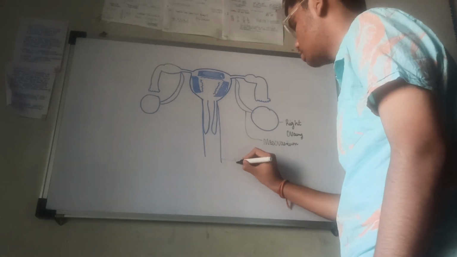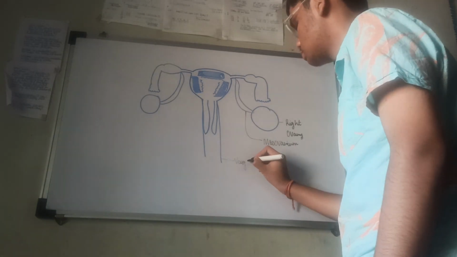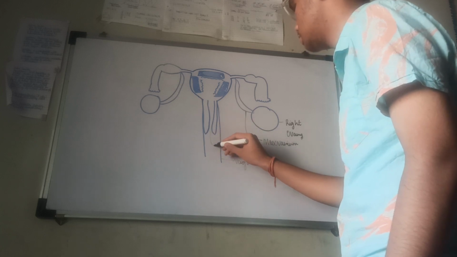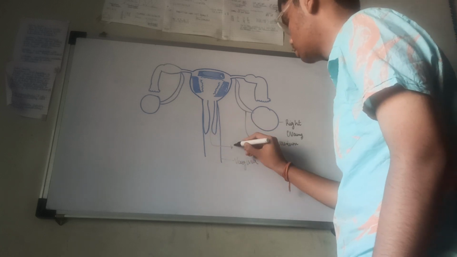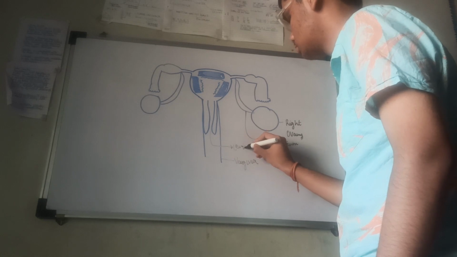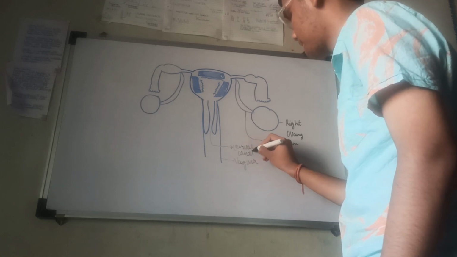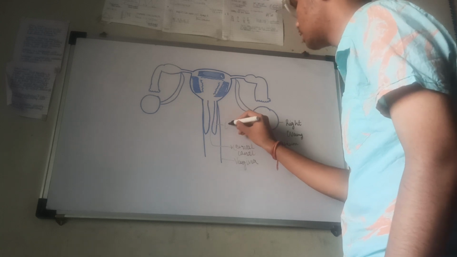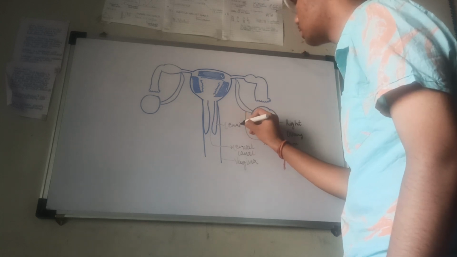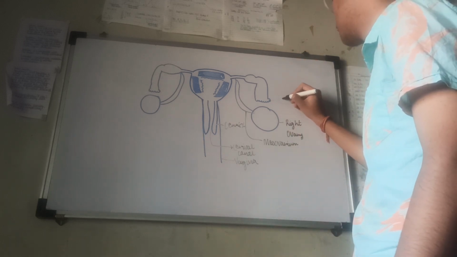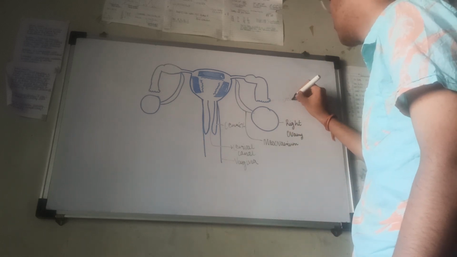This is the vagina. This is the cervical canal. This is the cervix. These finger-like projections are fimbriae.